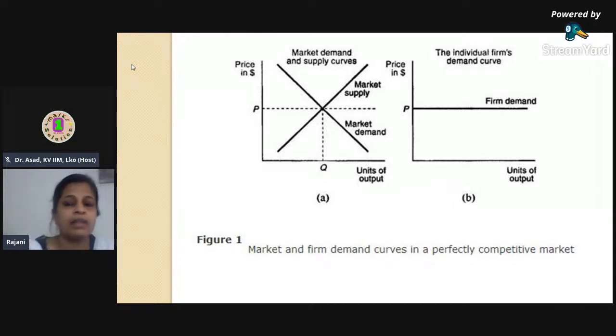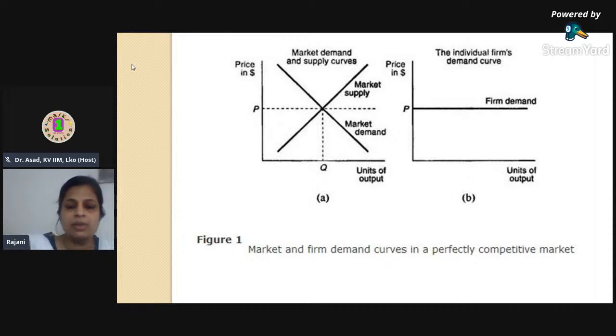Whatever the market condition, supply is adjusted according to that, and it decides the equilibrium price. And this is the demand curve faced by the perfect competition. You can see that price curve, that is the AR curve, the average revenue curve, and it should be followed by the industry because there are a large number of firms in the market.